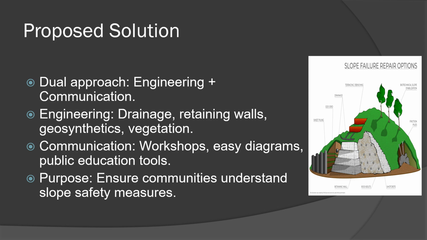Inside the hill, we can drill rock bolts or soil nails to pin loose rocks to the stable ground deeper inside. And critically, look at the drainage pipes here. Managing water is the most important part to stop pressure from building up. But the second part of the solution is explaining this diagram to the public using workshops and simple visuals so they know what we are building and why.